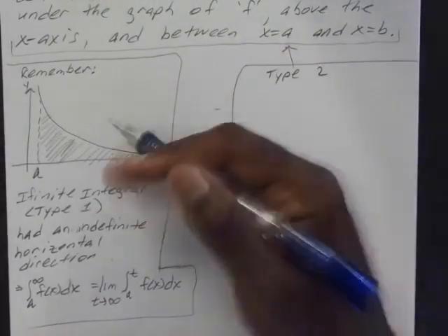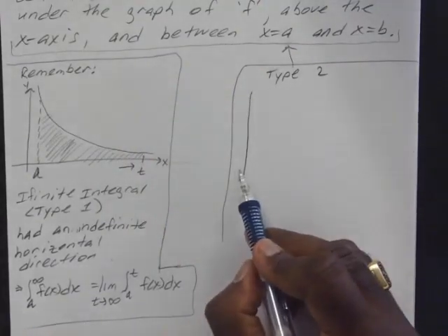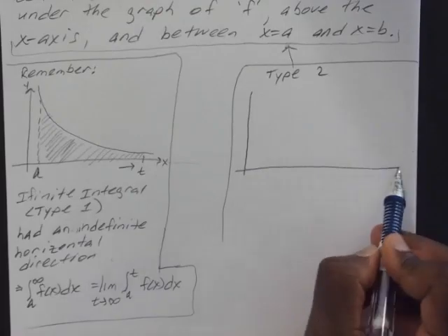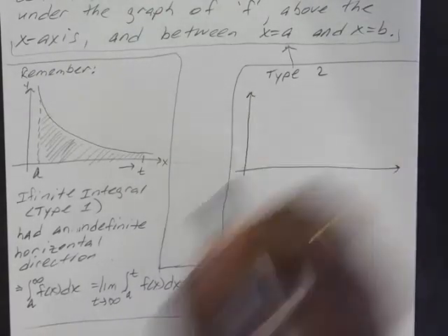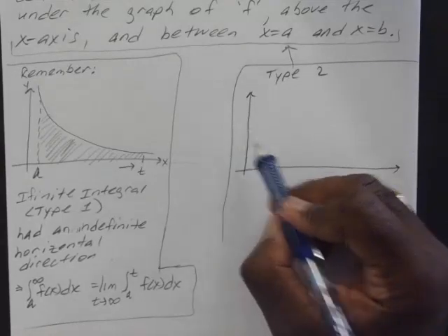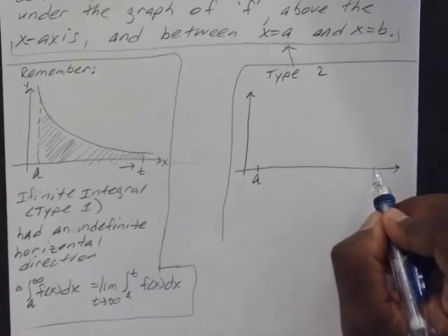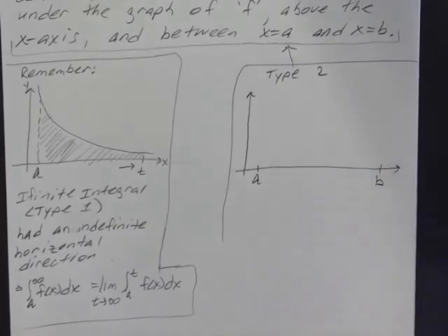What this one is saying is that if you take your XY axis, and let's say you have some x equals a to x equals b interval.